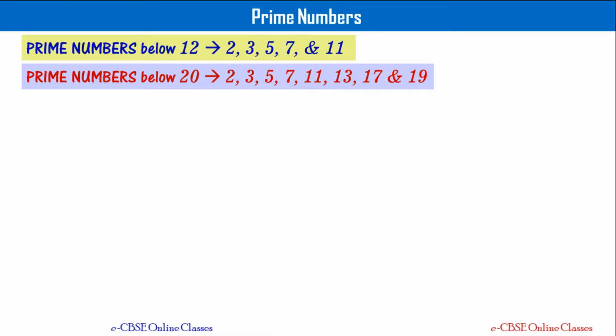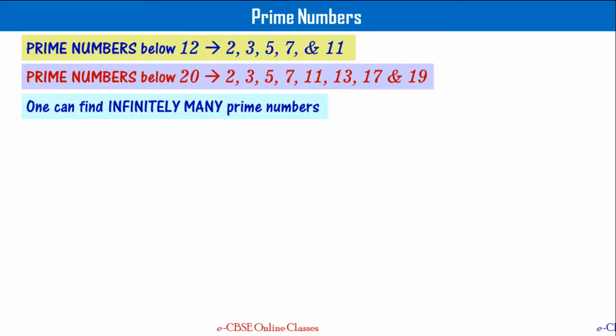And in the video on natural numbers, we learned that one can write infinitely many natural numbers, right? It means that one can find infinitely many prime numbers. Please take a note of this. If you start writing prime numbers, you will be writing them forever.